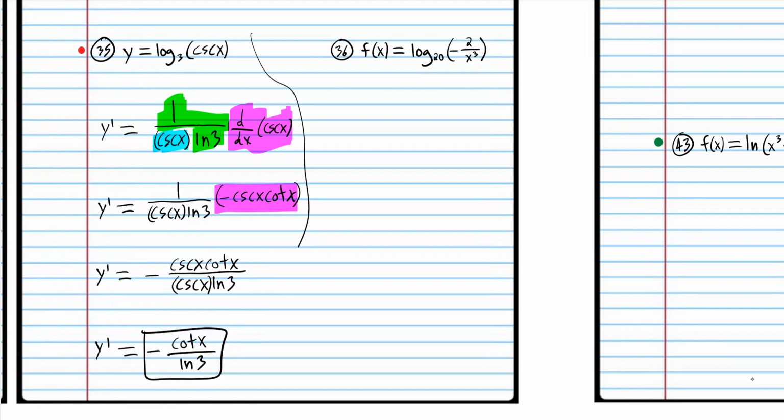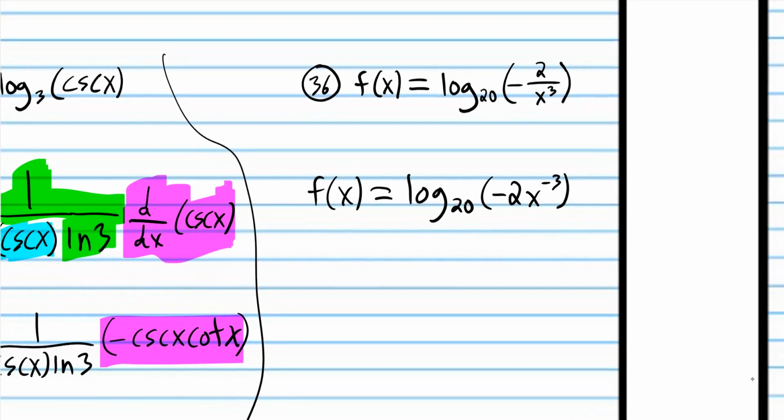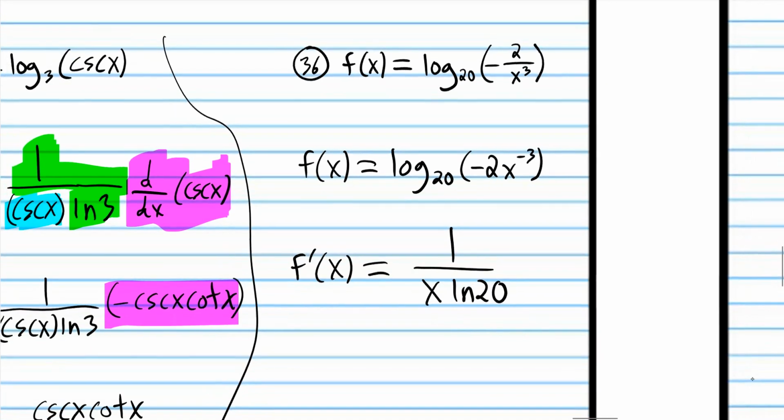So let's try another one of these. Before we do anything, we're going to need to change the form of that fraction. We don't want to use the quotient rule, so I'm going to change that to negative 2 times x to the negative third power. Now we can just use the power rule. So the derivative is 1 over x times natural log 20, right? That's the derivative of the outside function, but we have to keep the inside function.